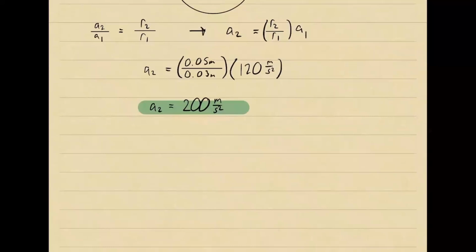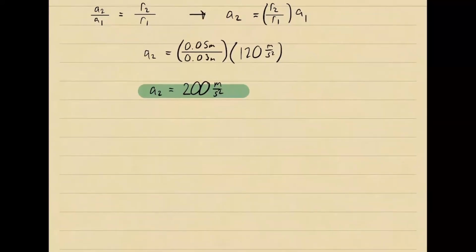So let's now move on to example number 2. Again, this is from the uniform circular motion chapter. Example 2 talks about a satellite.